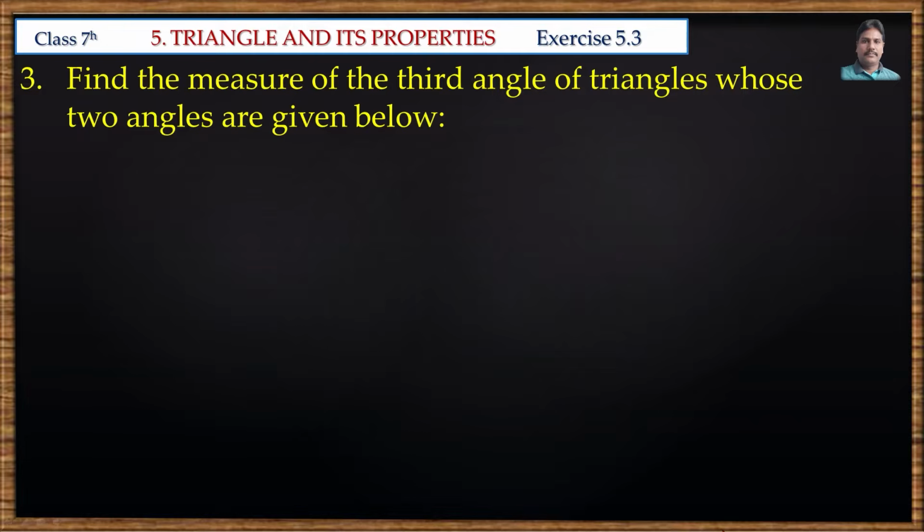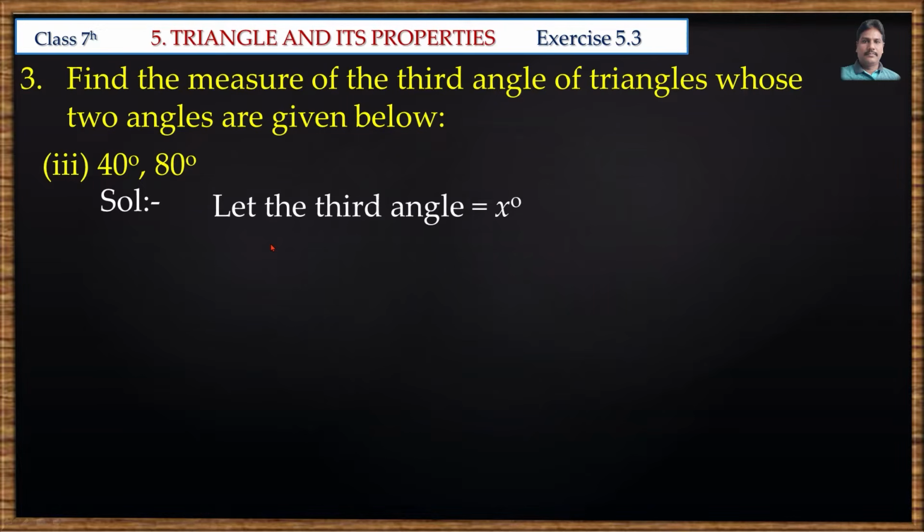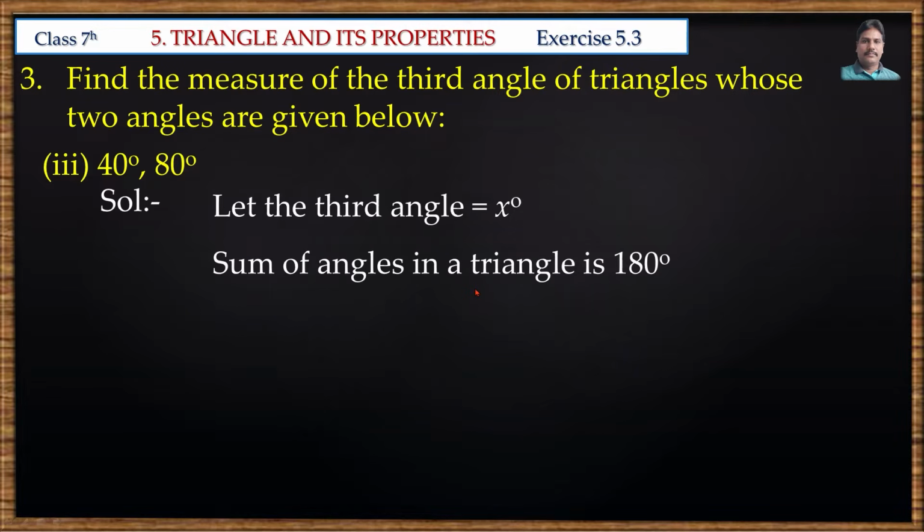Next, third bit, 40 degrees and 80 degrees. We have to find the third angle. Let us solve this one. Let the third angle be equal to x degrees. Sum of the angles in a triangle is equal to 180 degrees.